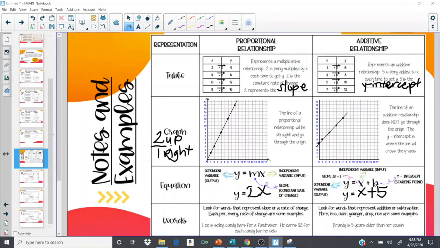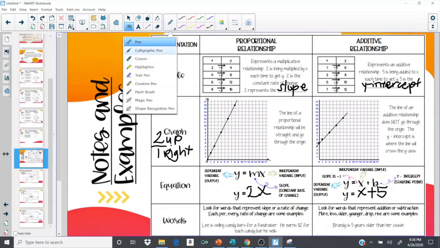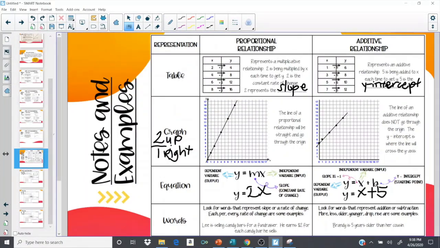He earns $2 for each candy bar he sells. So that word each represents a rate of change or a slope keyword. Therefore, you know this relationship is proportional, or multiplicative.